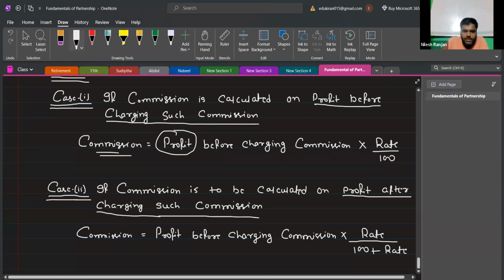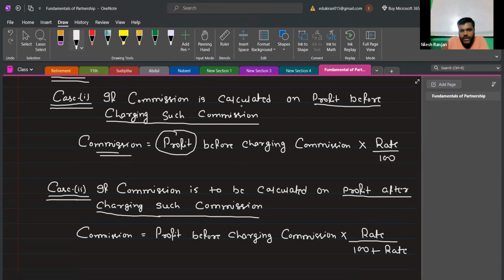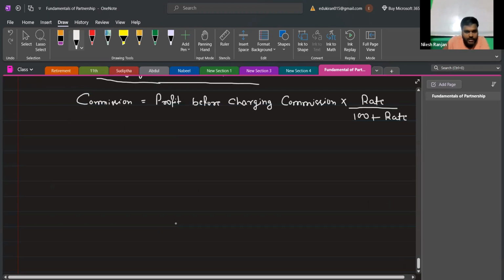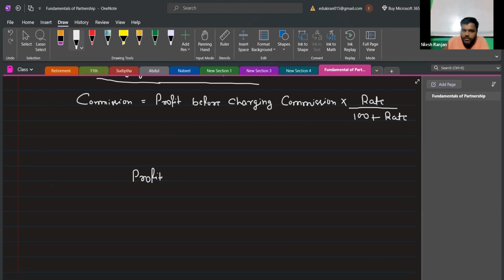So we were discussing commission of partner. Okay. So commission can be calculated on profit before charging such commission, and commission can be calculated on profit after charging such commission. Means you have to deduct the commission first, and then you have to calculate commission on that profit. Means like this: if this profit is given after adjustment of all the items, let's say the profit is 1,20,000.